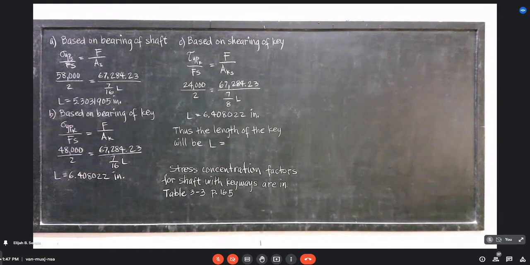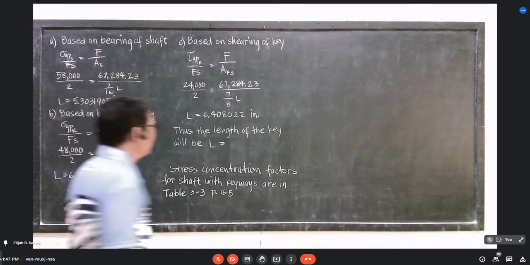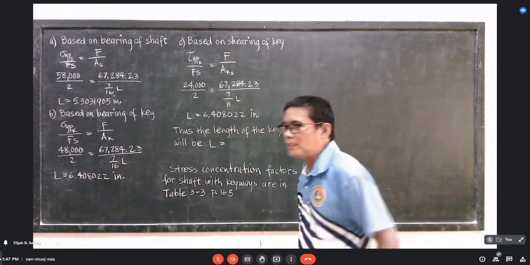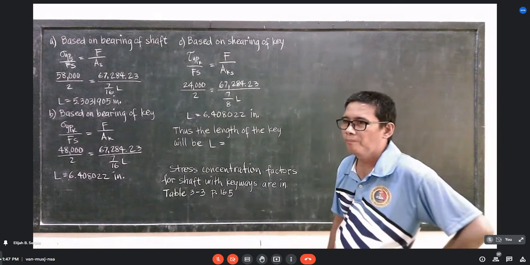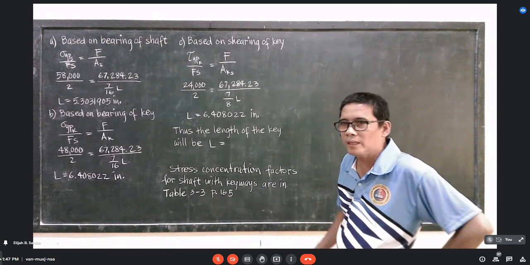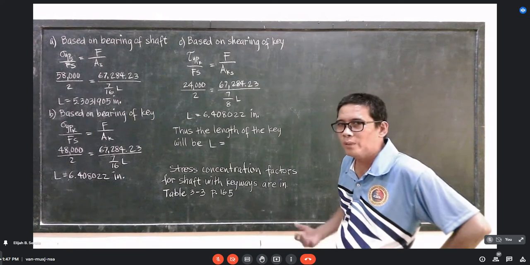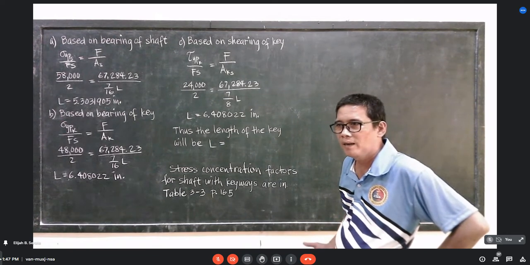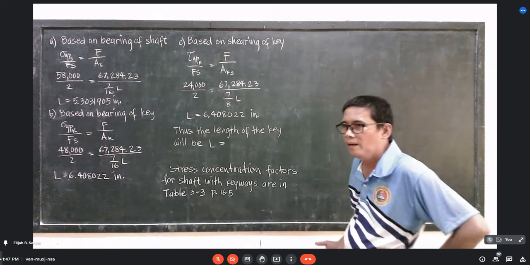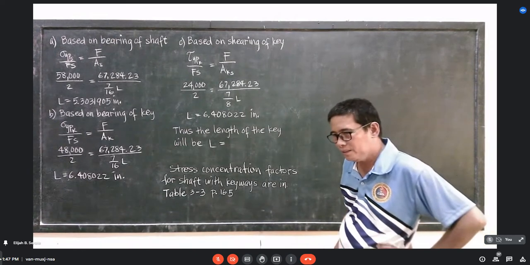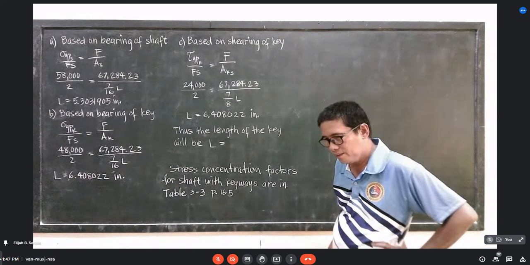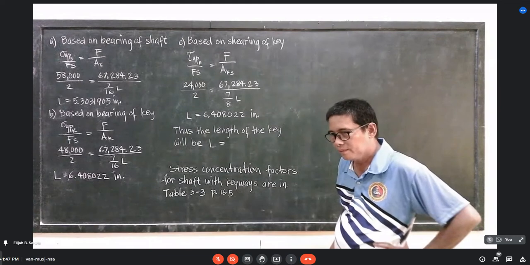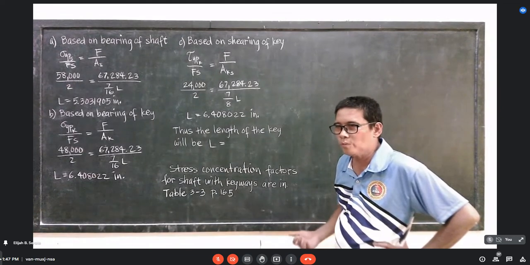Which one? It should be what? Why should it be 6.4? So what's the reason why we chose the larger one?